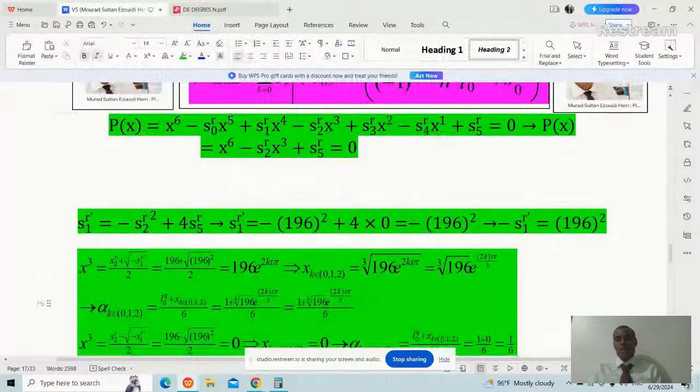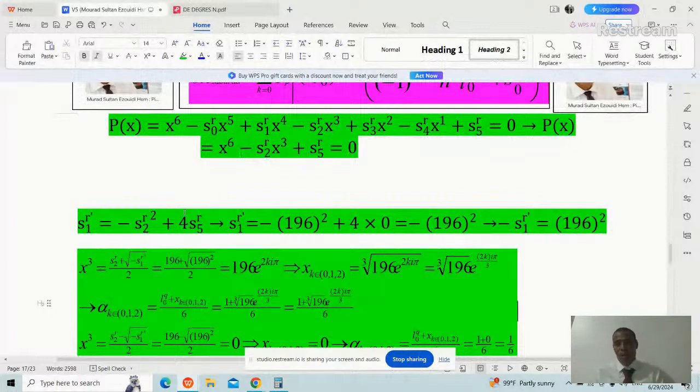There is a relationship between the s of order r of this polynomial and the polynomial of order 5: s0 r x to the 5 plus s1 r x4 minus s2 r x3 plus s3 r x2 minus s4 r x1 plus s5 r equals 0.